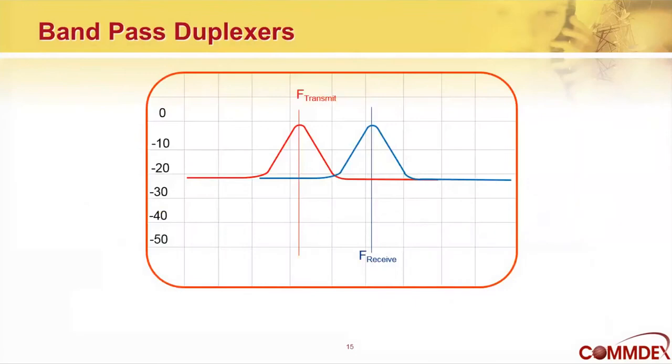So here it is graphically, where we see a bandpass duplexer. It's passing the red transmit frequency, and then 5 megahertz away, the receive side is passing the receive frequency. And they have a high attenuation for each other at the wrong frequencies.